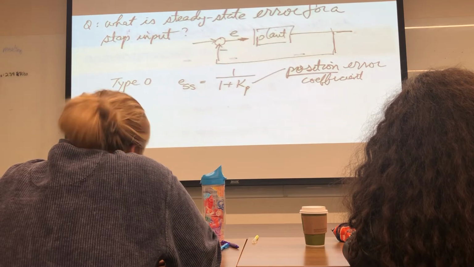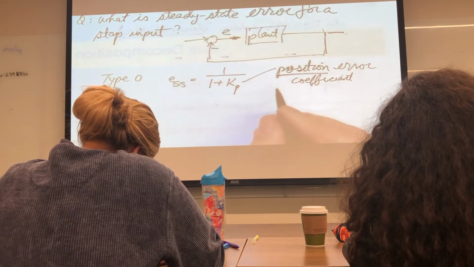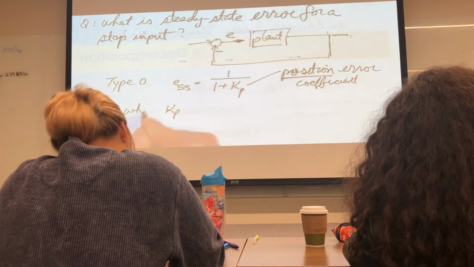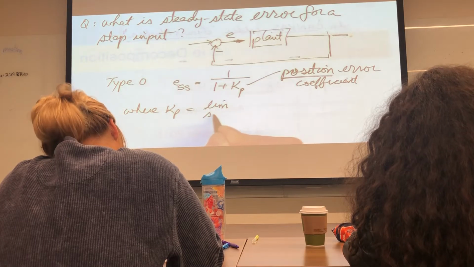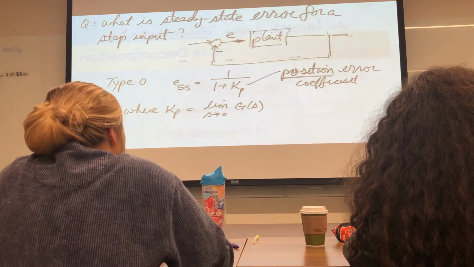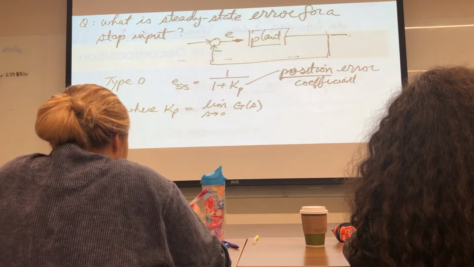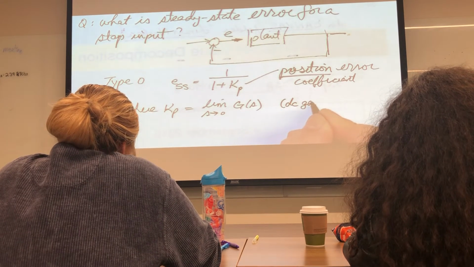Sometimes P stands for proportional or something else, but it's the position error coefficient. And remember, Kp is equal to the limit as s goes to 0 of G of s. If we know the transfer function, we let s go to 0, and that's Kp. This is the same thing as the DC gain.